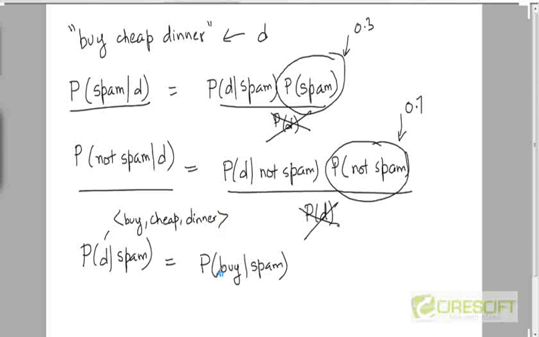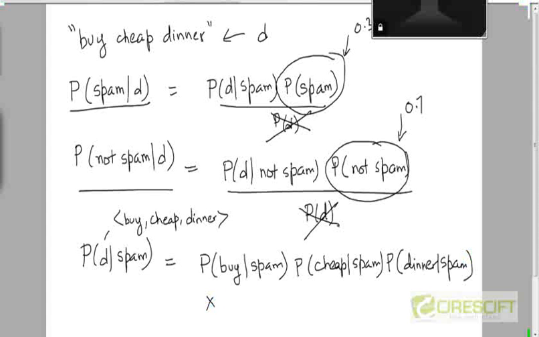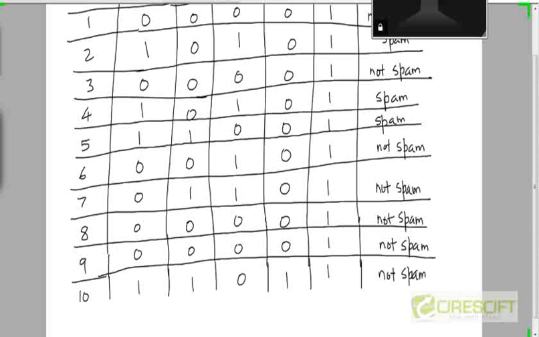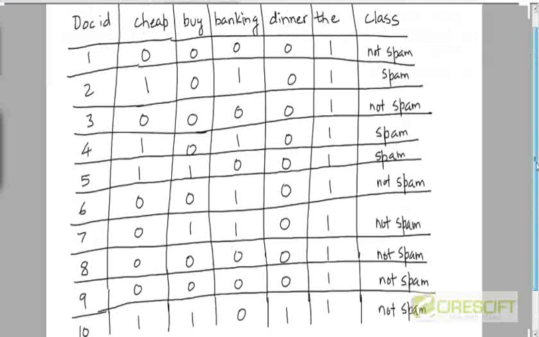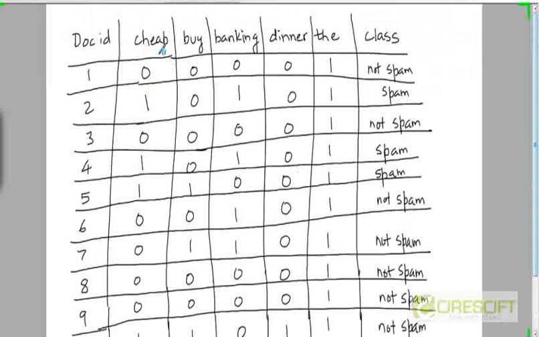So this would be P of buy given spam multiplied by P of cheap given spam multiplied by the probability of dinner given spam multiplied by, going back to the vocabulary, the probability of seeing exactly these three terms in the document and not seeing the other two. The other two terms are banking and the.